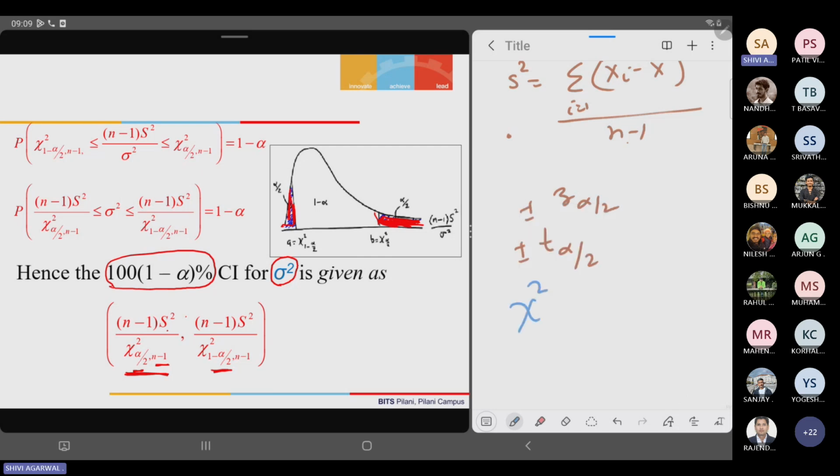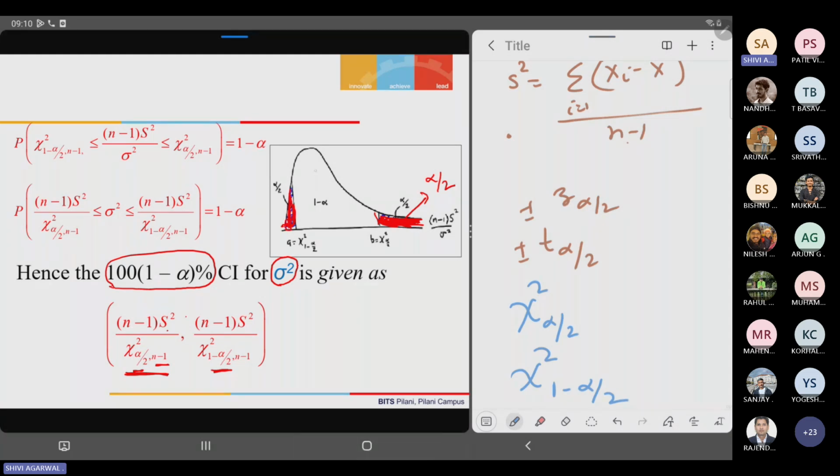Chi square. So one part is alpha by 2, this region is alpha by 2, correct? And for the other limit we use chi square 1 minus alpha by 2. It means this left region is alpha by 2, and the right-hand region is 1 minus alpha by 2.